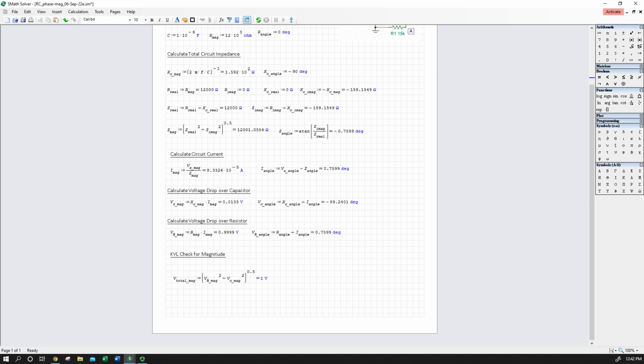I have the total magnitude that I got with Pythagorean, but I need effectively those legs of the triangle in real and imaginary components to apply my inverse tangent to get the angle between them. So I know how big the legs are, but I'll need to get those real and imaginary components.